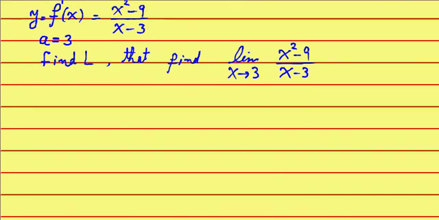Now we are going to have an experimental way of answering this question. So here's an experimental solution. Experimental means that we are going to avoid doing too much algebra.